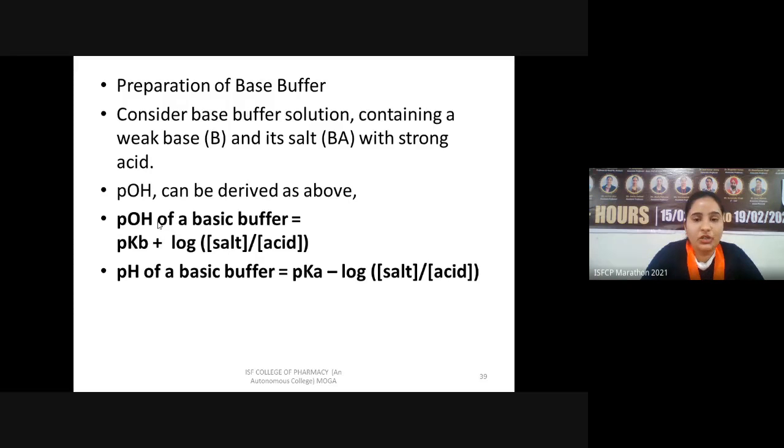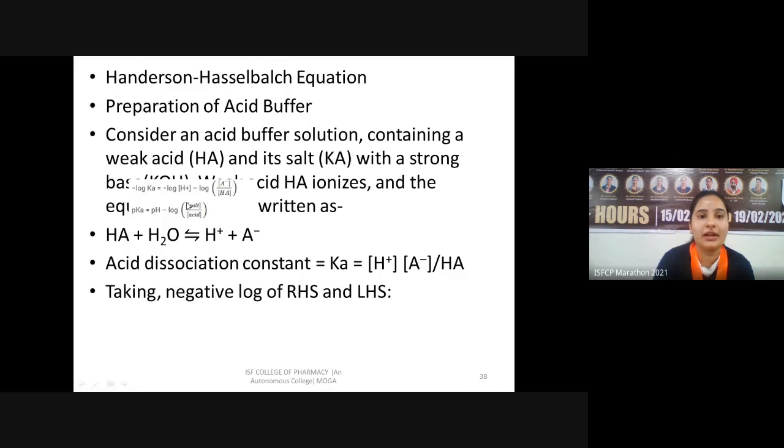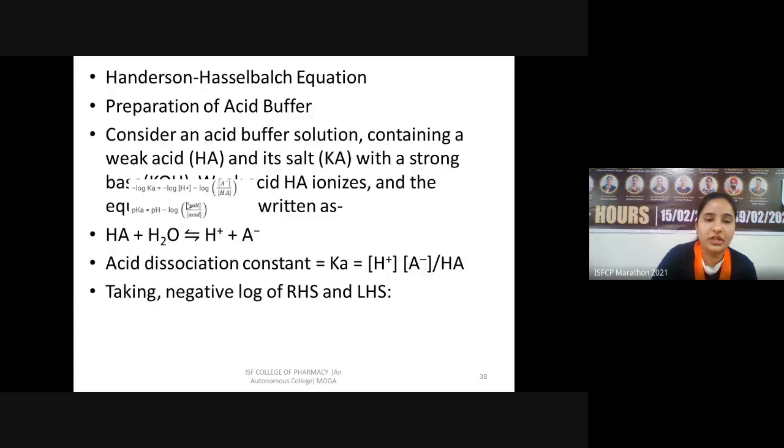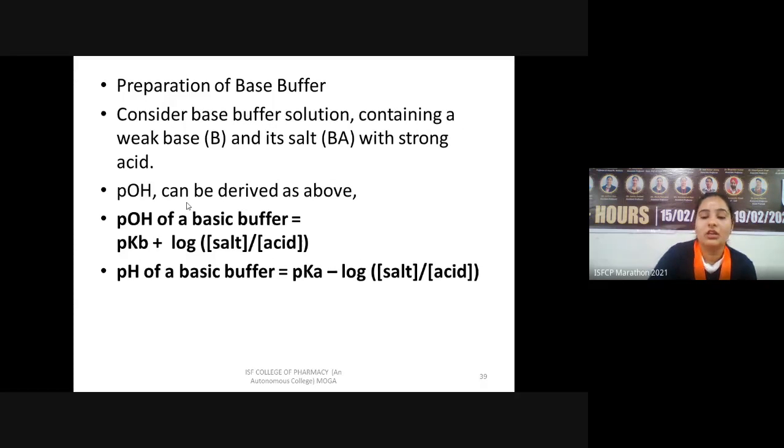The pOH value can be calculated using the same Henderson-Hasselbalch equation. Firstly, we will find the pOH value by using that equation. It is similar to what we have studied here. In place of pH, we will have pOH, and instead of pKa, we will have pKb.